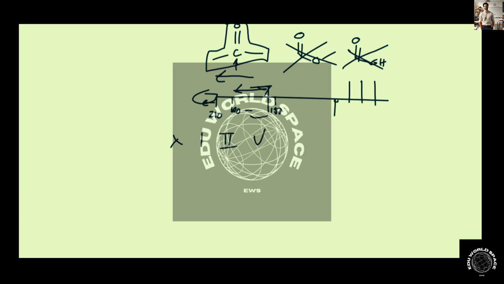Right? It's not 1, 2, or 5, which means that we're left to decide between 3 and 4, which I will now sketch down here. So here's 3, and here is 4.